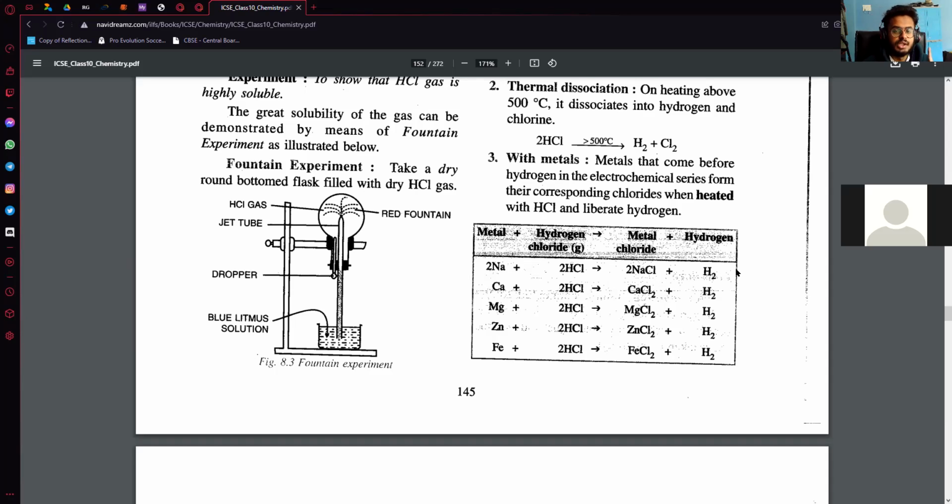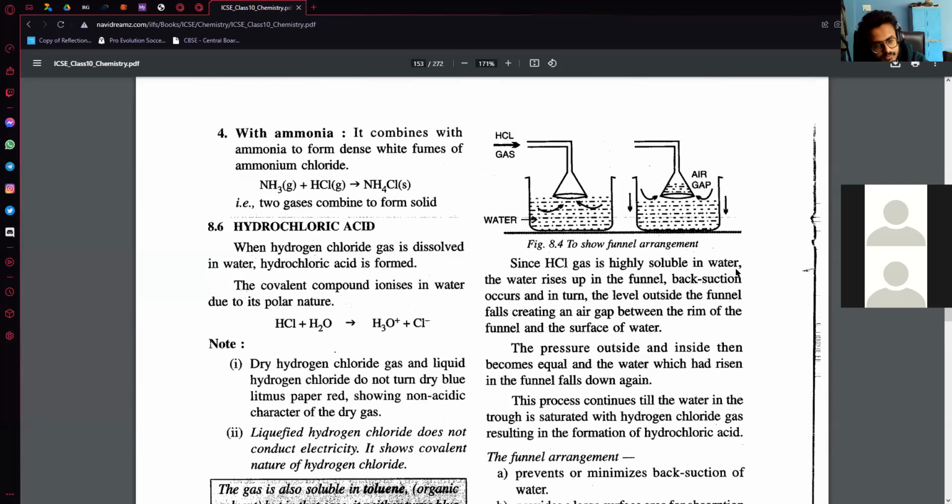Very simple, very important. Every time an active metal reacts with an acid, hydrochloric acid or hydrogen chloride gas, hydrogen gas is evolved. Hydrogen gas comes out as a result, right? This thing you need to know.